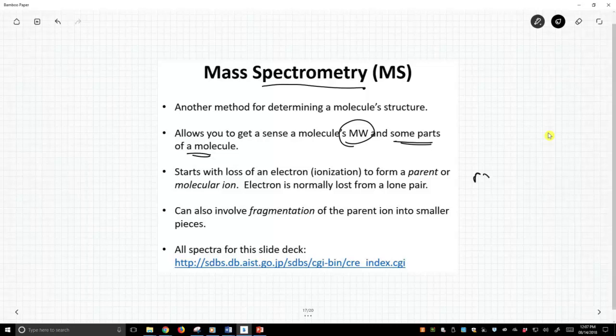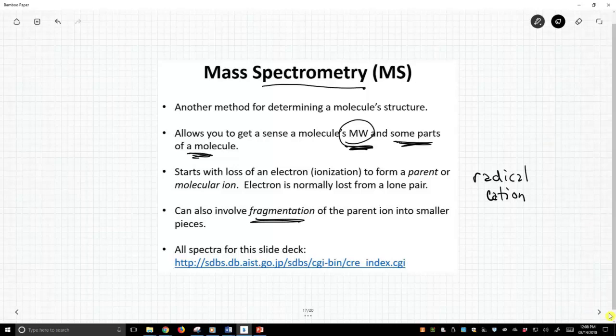So we'll form a radical cation. And this radical cation may pass through the mass spectrometer intact, in which case you will detect the entirety of the weight of that molecule, or it might break into pieces. It'll undergo fragmentation. And when you observe these pieces, that's where you start to get a sense of what the parts of your molecule are.